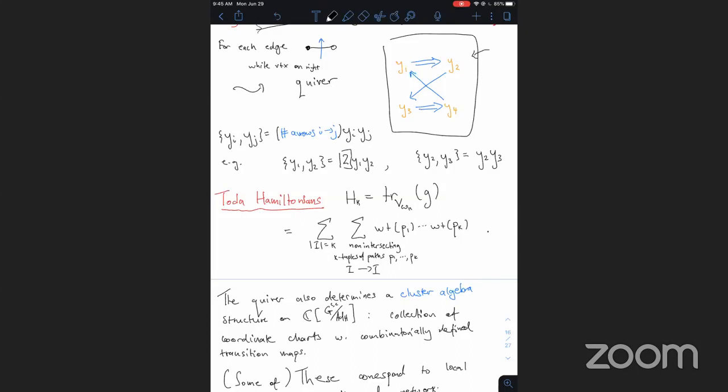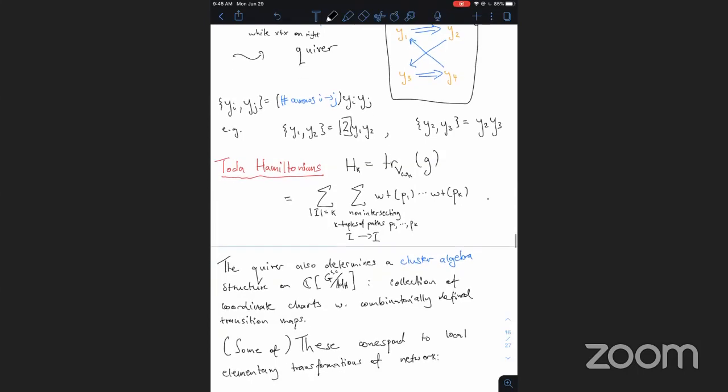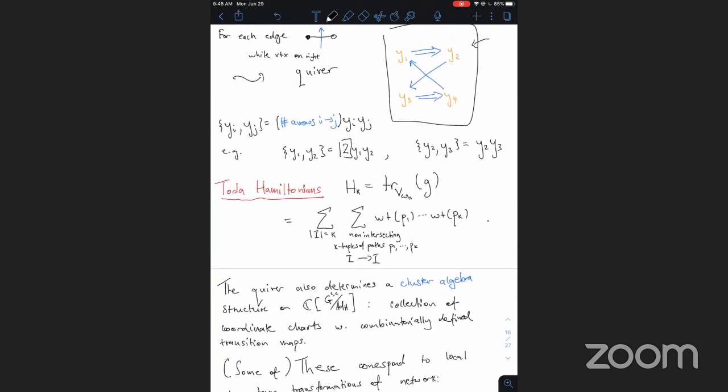So a global description as far as observables can see. And the way that it determines that global description is by determining a combinatorially defined system of additional charts on the double Bruhat cell, along with combinatorially defined, rational transition maps between them.